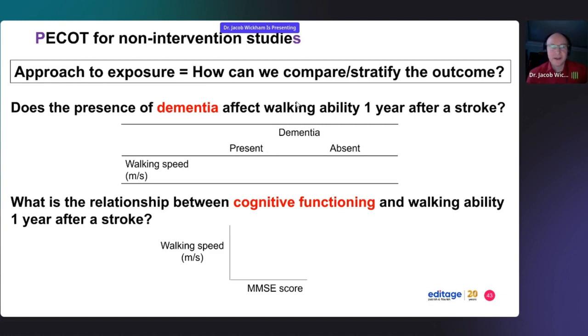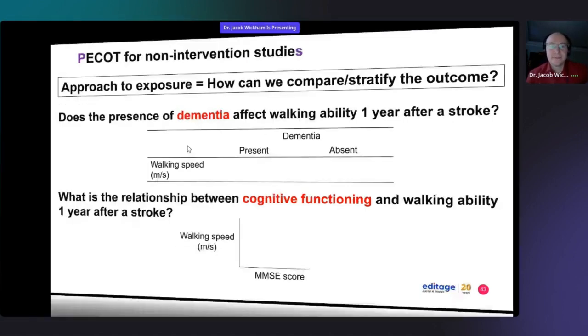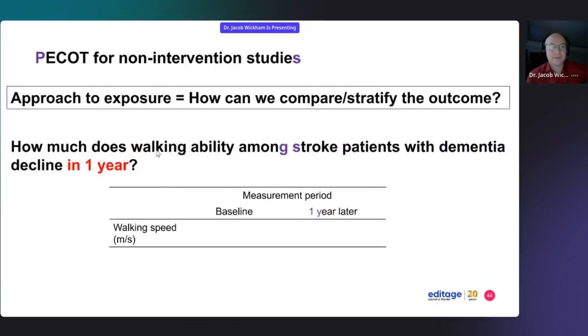They're just looking at whether the individual had a stroke or not. There's no medical treatments here. And this is a non-exposure, non-intervention study. So here the sampling interval is 1 year, and the measurements are taken at the time of the stroke and then 1 year later.